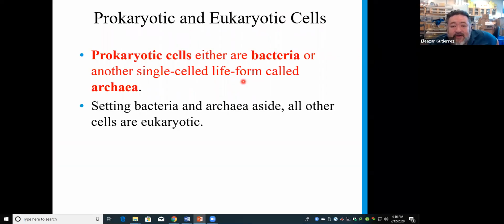So one of the first things that we're going to delve into here is distinguishing between what's called a prokaryotic and a eukaryotic cell. A long time ago, when we had very poor microscopes and were looking at cells for the very first time, in the days of Leeuwenhoek, if you have ever heard of him, he was the first one that brought microscopes to the Royal Society in England.